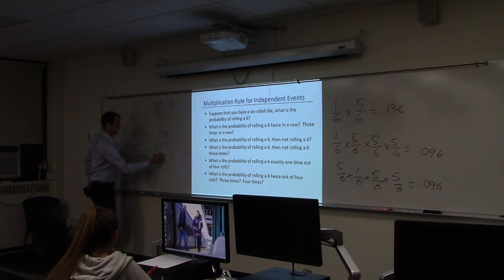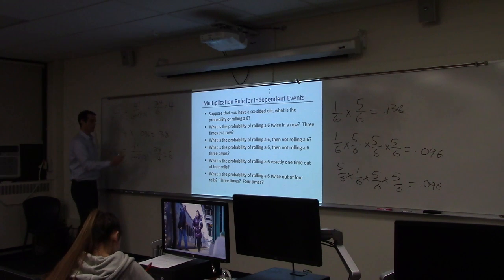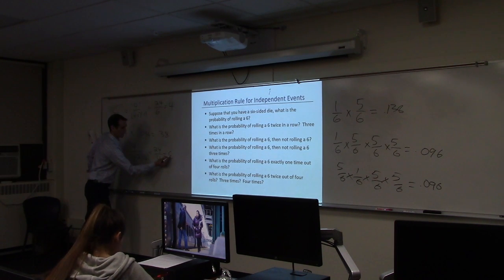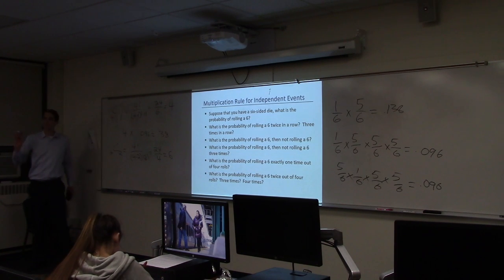And 24 divided by 4 is 6. So we know there are 6 different ways that this could happen. What's the probability of it happening each time that it does?